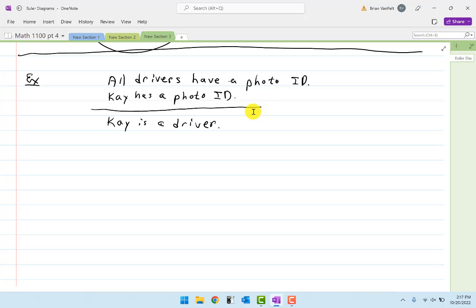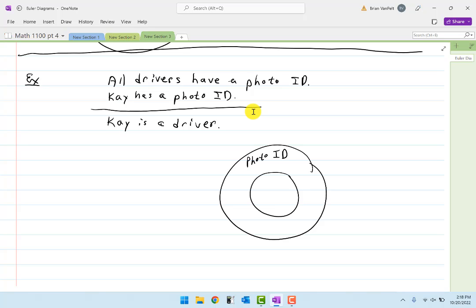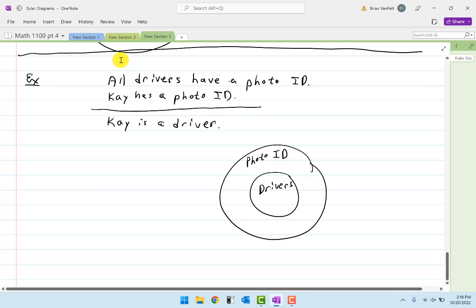You're going to find something similar to the last situation. It says all drivers have a photo ID. So the people with photo IDs is the larger circle, and then the drivers are a smaller circle. Now it doesn't say that K is a driver. It says that K has a photo ID. So according to this second statement here, all I know is that K has a photo ID.